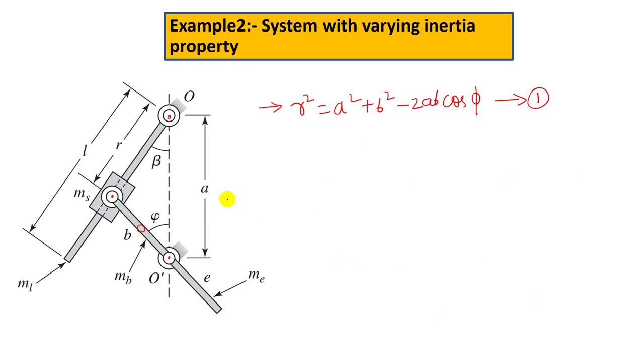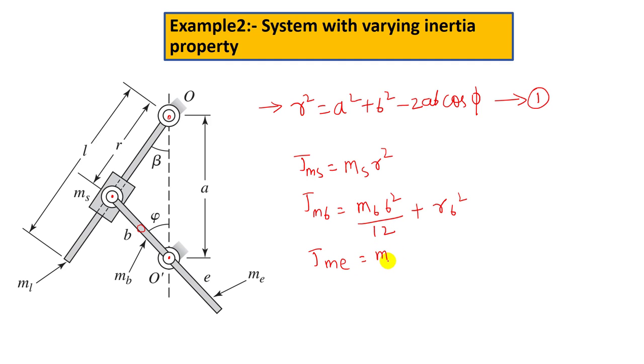Similarly, the polar moment of inertia at point O due to the mass ms is simply J of ms equal to ms into r square. For mb, it will be mb (b square by 12 plus r_b square), and J for me will become me (e square by 12 plus r_e square).